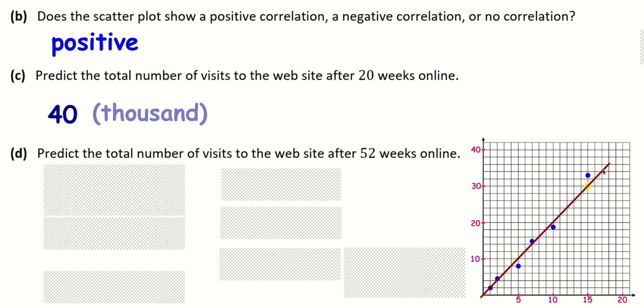Now, especially for this example, it wouldn't be too difficult to just wing it a little bit. If you could just see what the slope is, which at first glance looks like it's going up 1 over 1, but in reality, it's not going up 1 over 1.